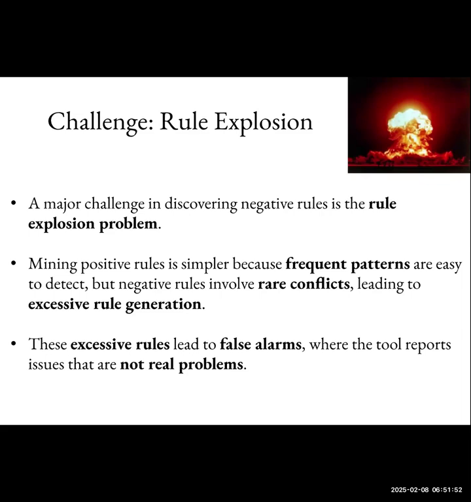Mining positive rules is simpler because frequent patterns are easy to detect, but negative rules involve rare conflicts, and this imposes an additional layer of challenges which picks up a lot of excessive rules. So this is one challenge that negative association rule mining has.